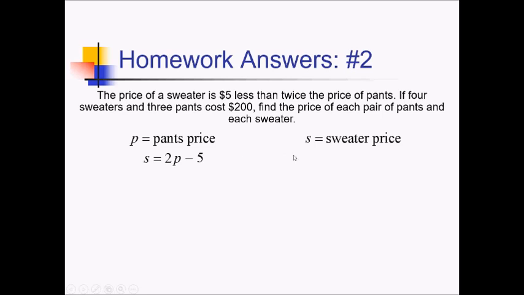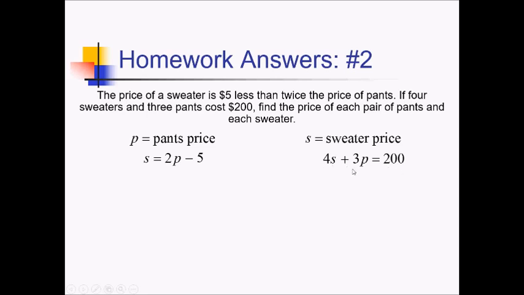Now we need another equation because this by itself is not enough to solve for S or P. So for the next one, we'll use our next sentence. They said that 4 sweaters and 3 pants cost $200. So the value of 4 sweaters, that's going to be 4 times S, plus the value of 3 pants, so that's 3 times P. That should equal 200. So there's our second equation.